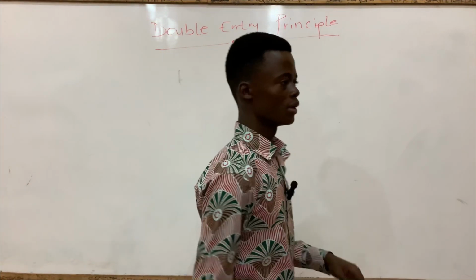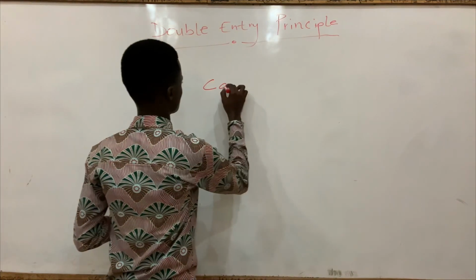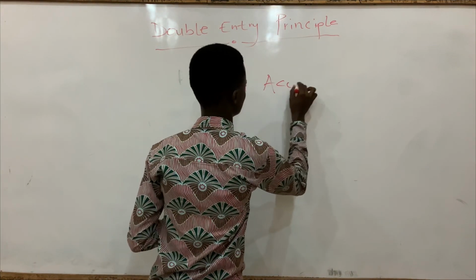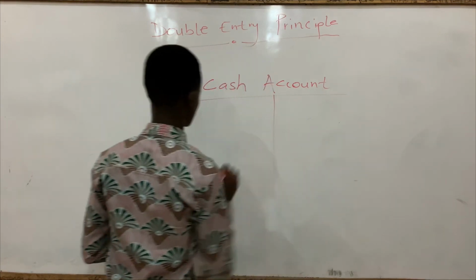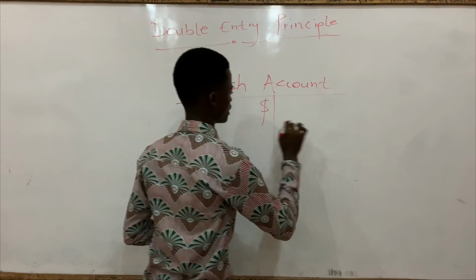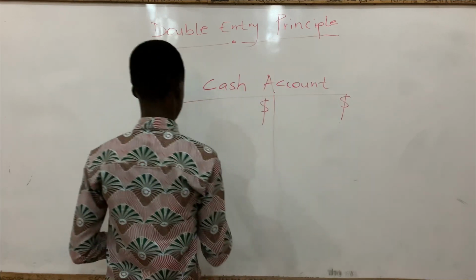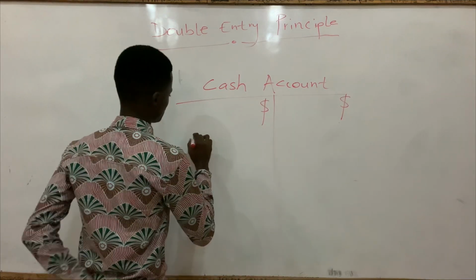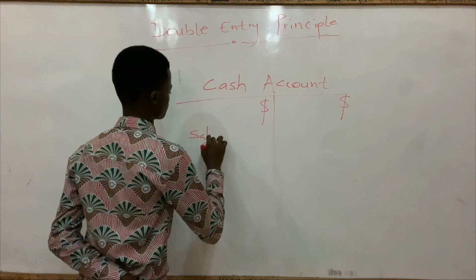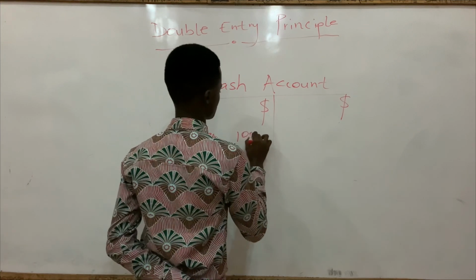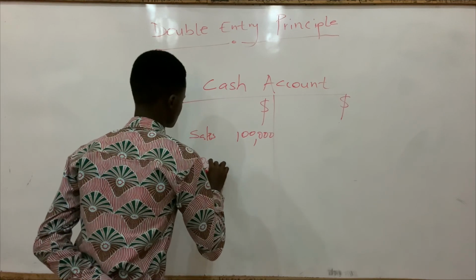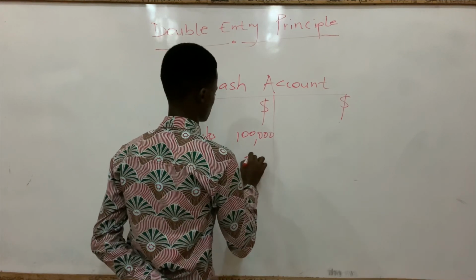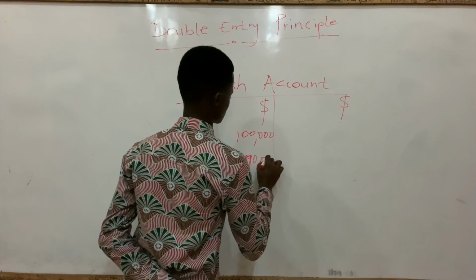By this, let's assume that these are accounts, and these are currency signs. On the debit side, let's say we have sales of $100,000. We have, let's say, loan received for $90,000.